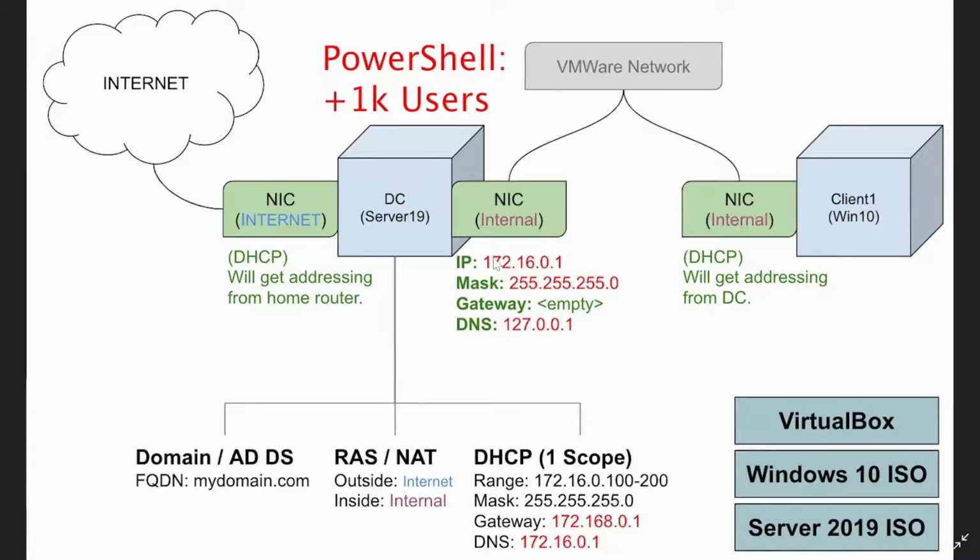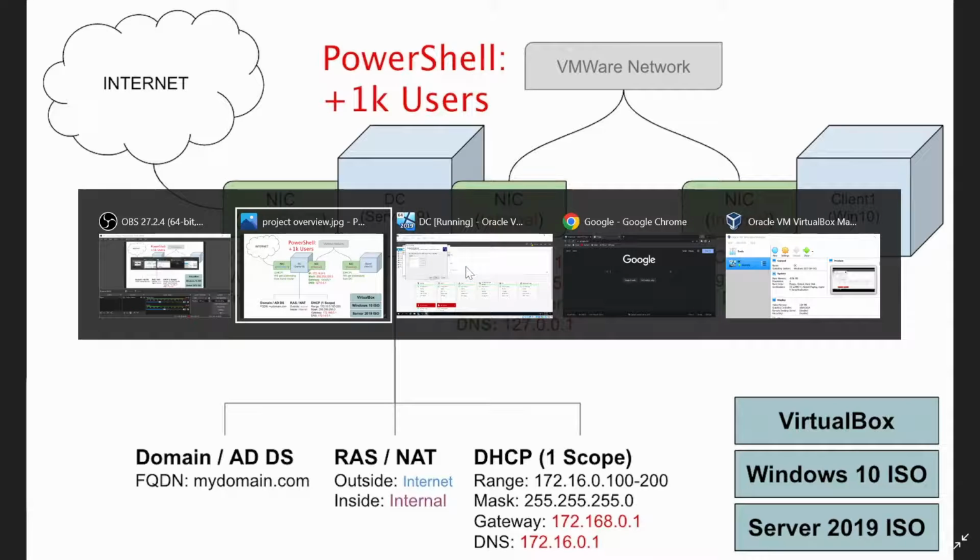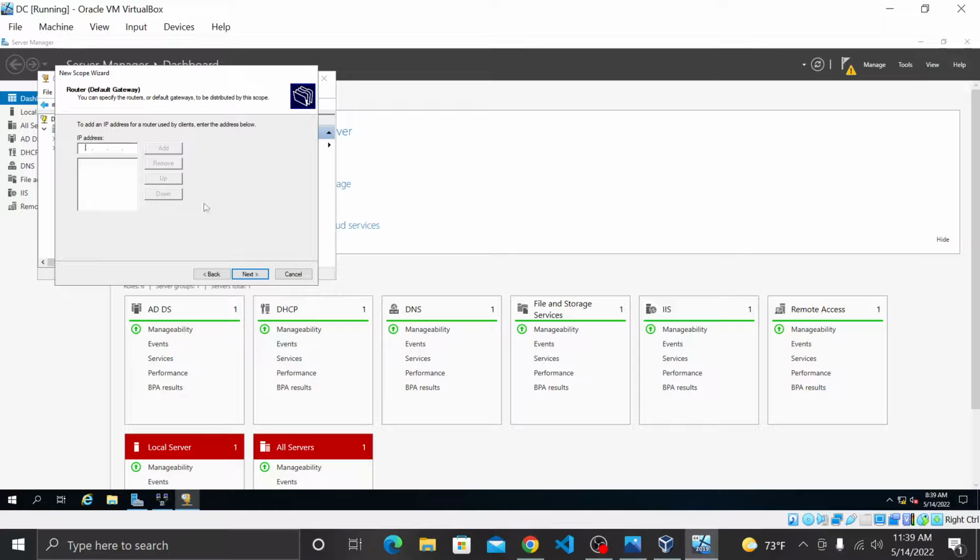So we're going to apply the IP address of our domain controller, 172.16.0.1 here. Let's put the IP address in.